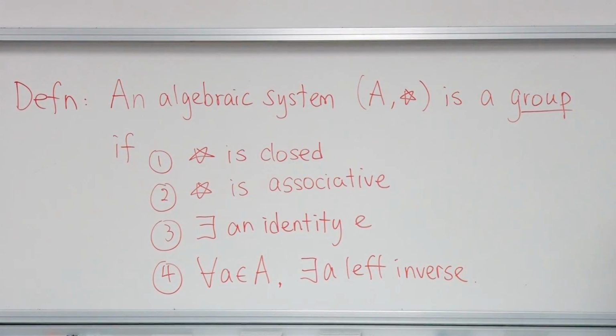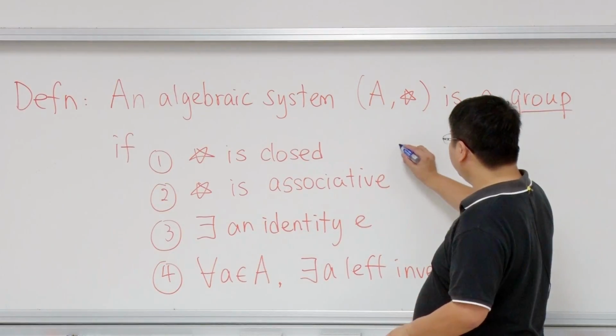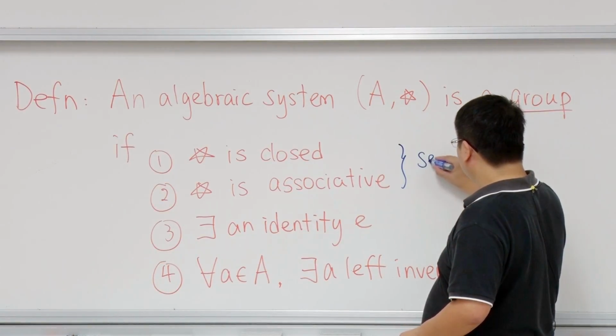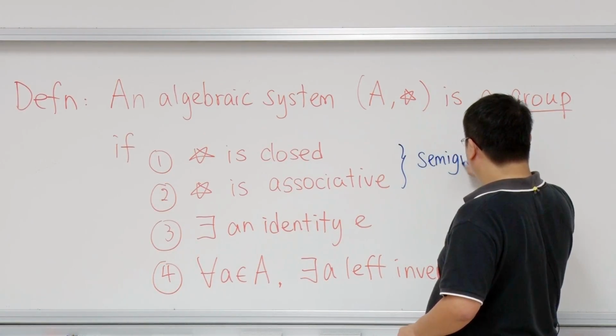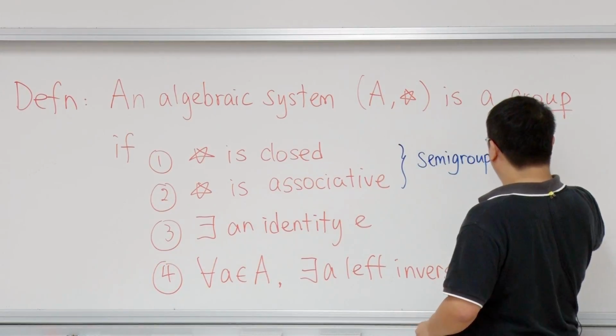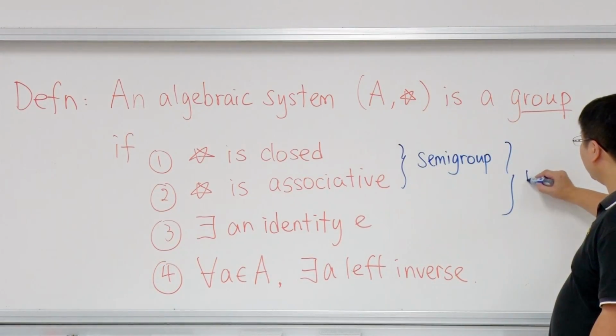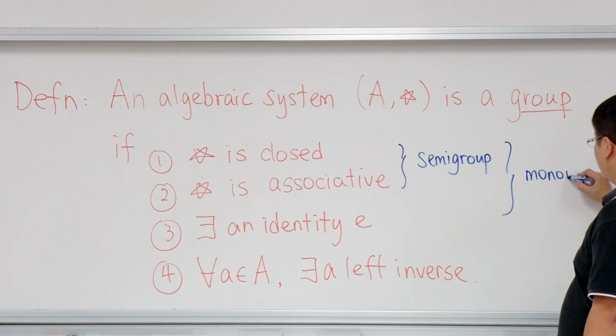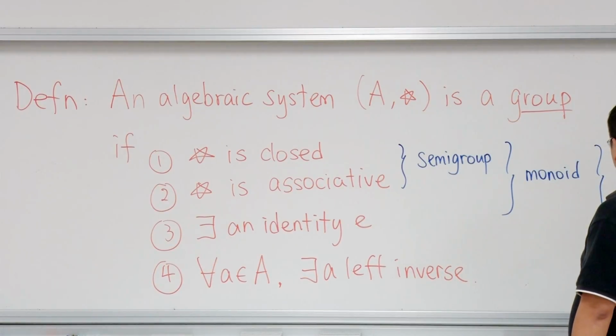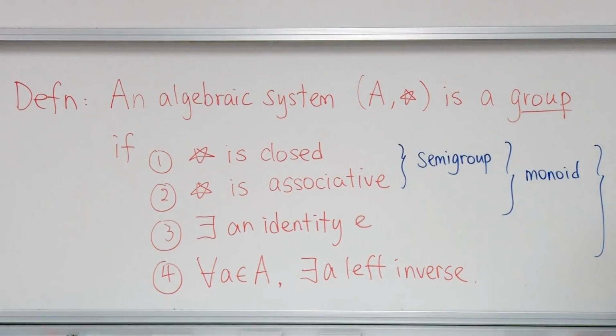So this is the definition of a group. With the first two, you get a semi-group. If you have the first three, you get a monoid. And if you have the first four, you get a group. Is that okay?